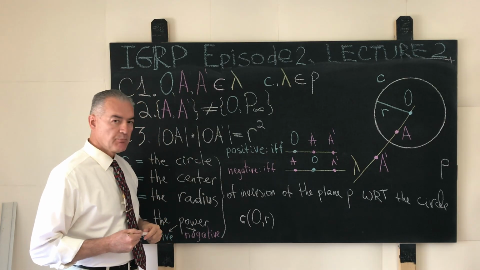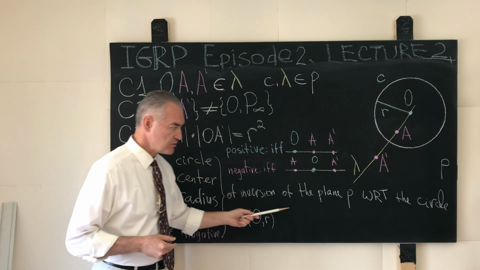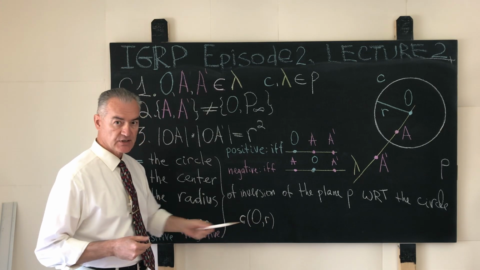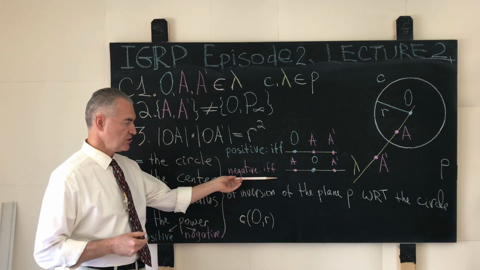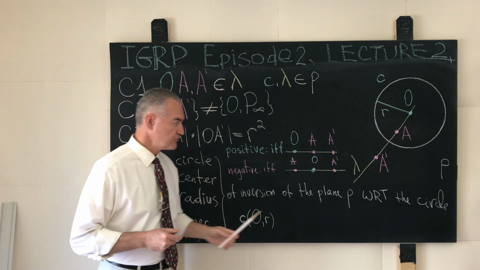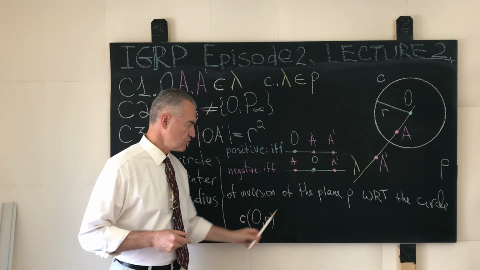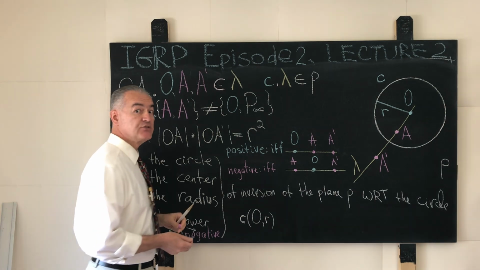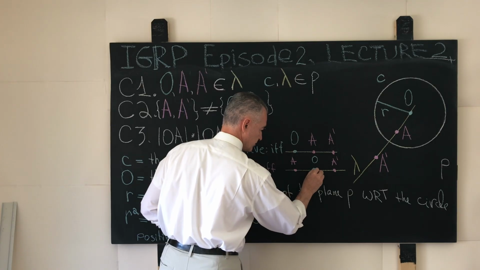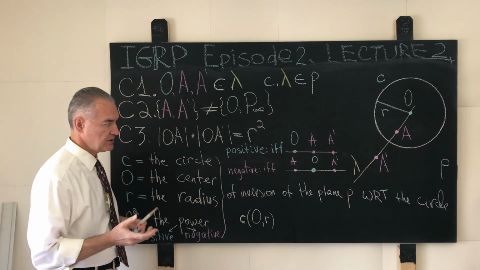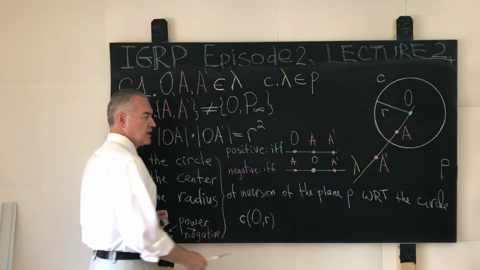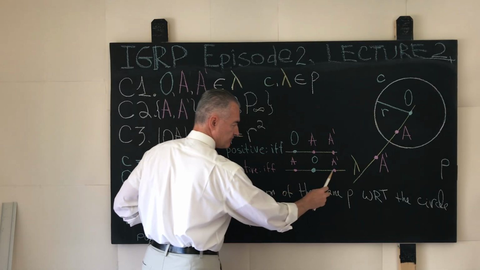And the power of inversion of the plane P with respect to the circle C that has O as its center and R as its radius is called negative, shown in red over here, if and only if the center of inversion O is located in between, in the sense of David Hilbert's axioms of geometry, where he puts it as one of the in-betweenness axioms, the points A and A prime.